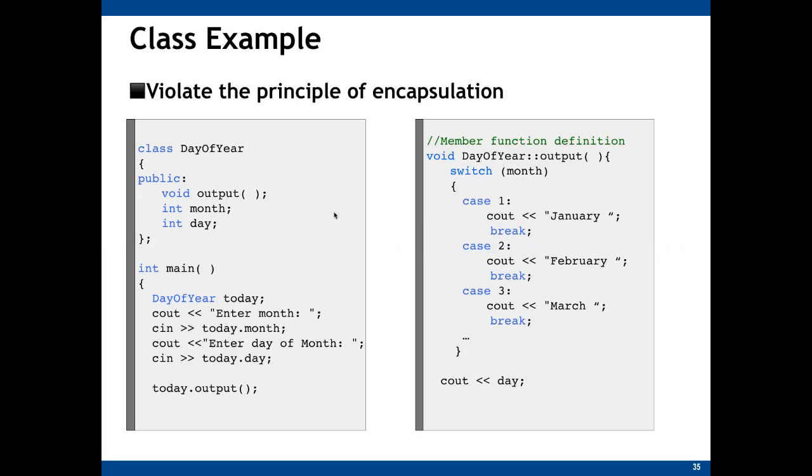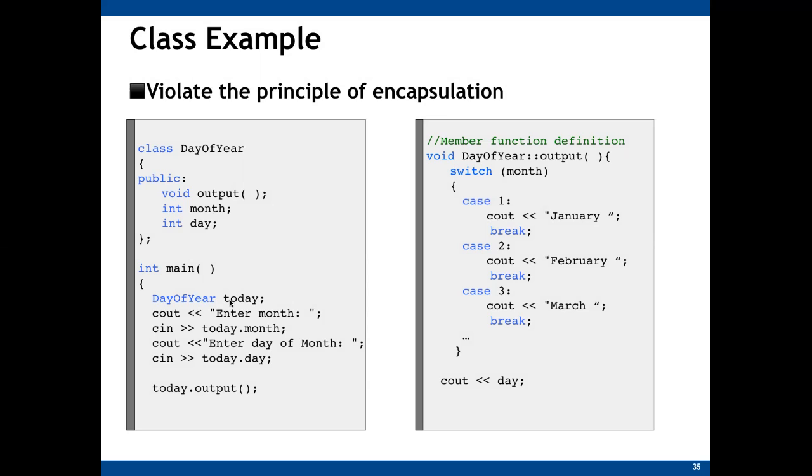If we look at the definition of the DayOfYear class, which we used in the previous session for studying how to define a class syntactically in C++, this class is syntactically correct, but it hides neither the data, which is month and day, nor the operations. If you look at this example, the DayOfYear class has two member variables, month and day.